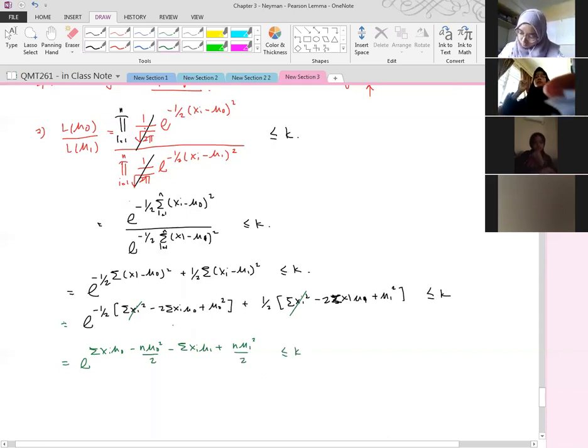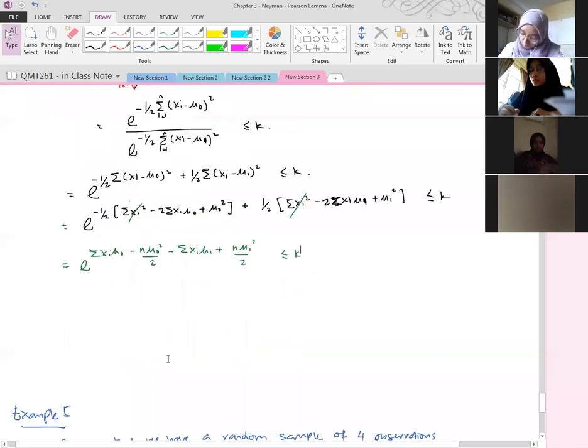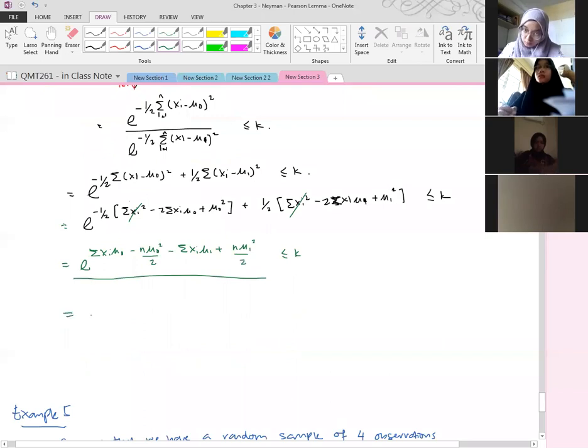So you need to do some simplification in this step. So after you do the simplification, for this step, it will become exponential n over 2 (mu1 squared minus mu naught squared) plus, right?